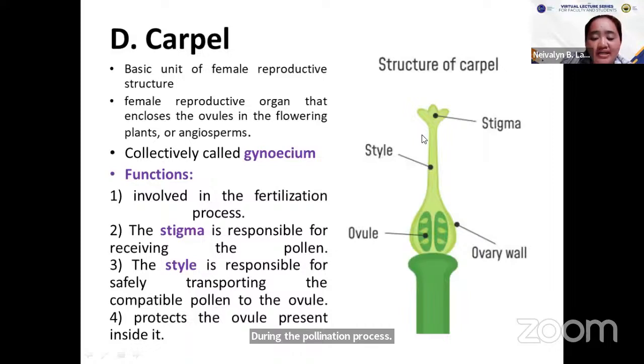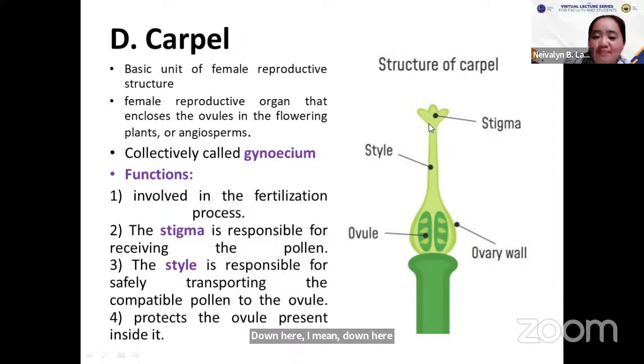Once the pollen is caught by the stigma, and there happens what we call fertilization, the fertilized ovule will move down the style. The style is responsible for the safe transportation of the fertilized ovule down here.